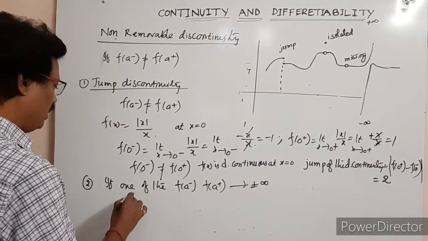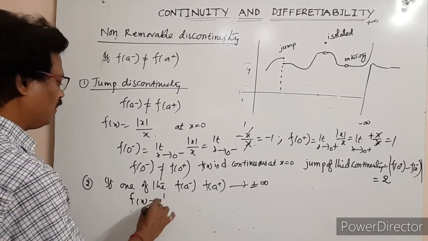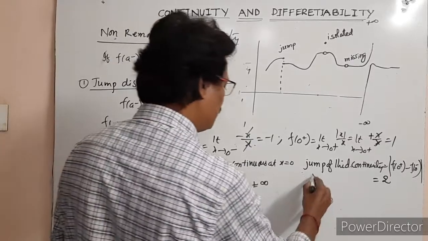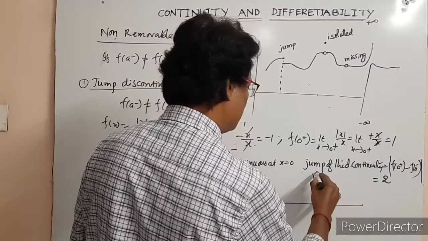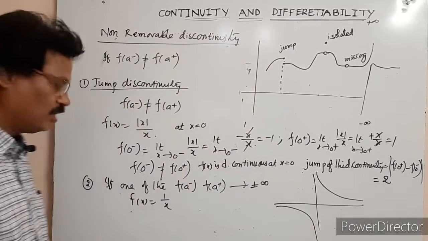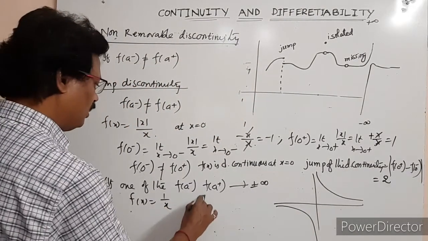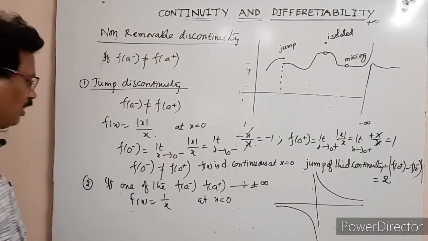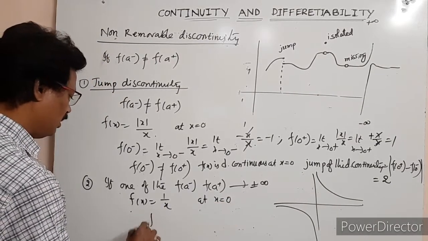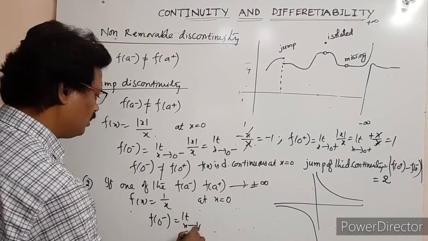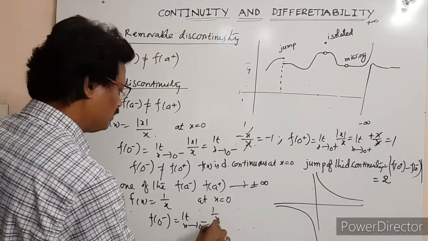For example, here f(x), I am taking 1 by x. What is the 1 by x graph? The 1 by x graph is like this. Okay, let us see the continuity at x equal to 0. What about the left limit? f of 0 minus, limit as x tends to 0 minus of 1 by x.